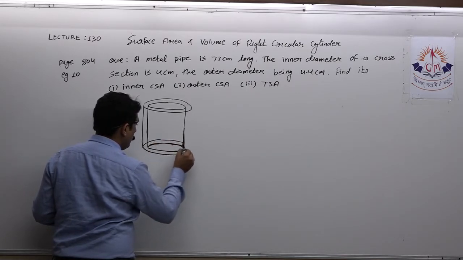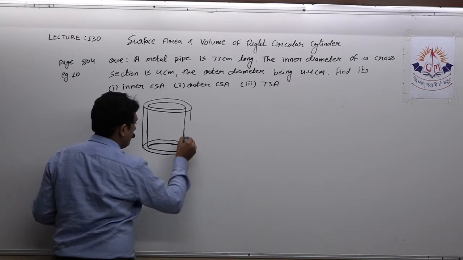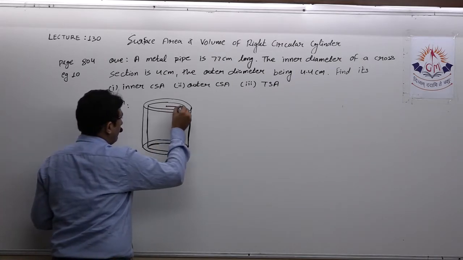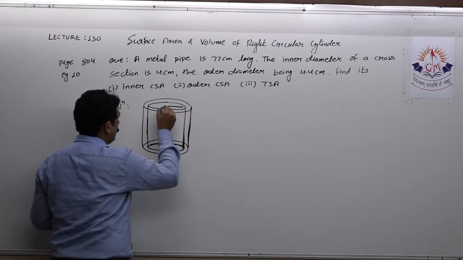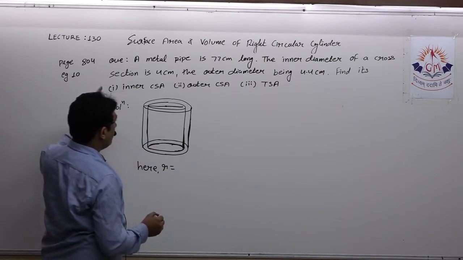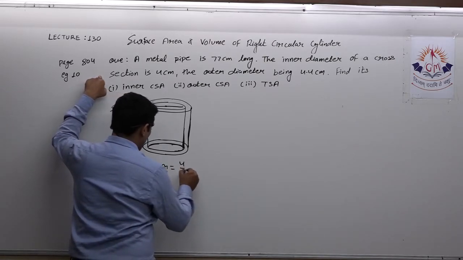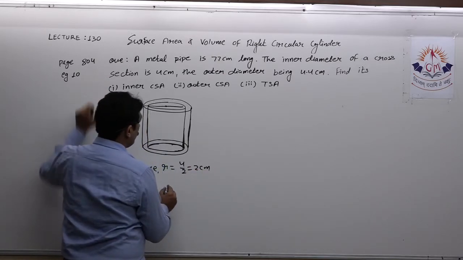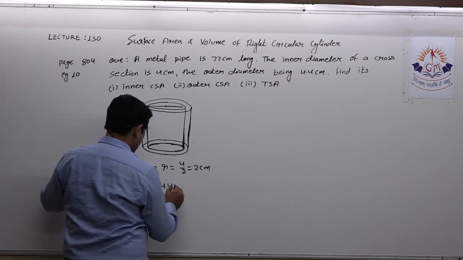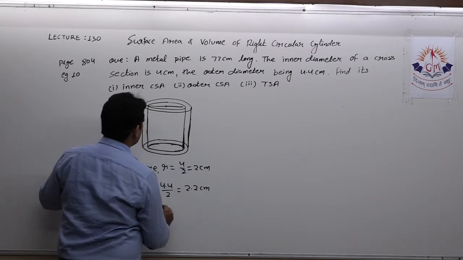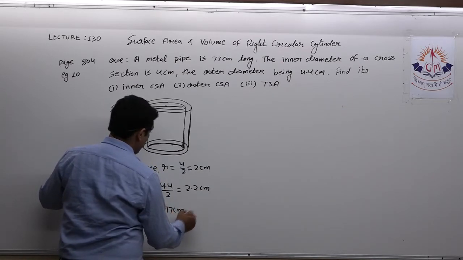Okay, this is the hollow cylinder. Now here inner radius and external radius are given. Let's say inner radius is small r and external radius is capital R. Actually diameters are given. Small r is equal to 4 by 2, that is 2 centimeter. Capital R is equal to 4.4 by 2, that is 2.2 centimeter, and height is given as 77 centimeter.